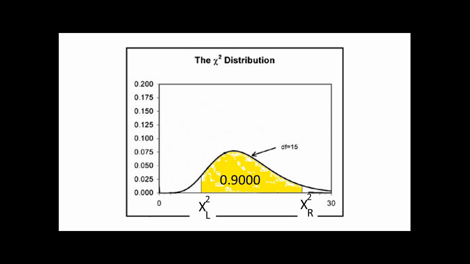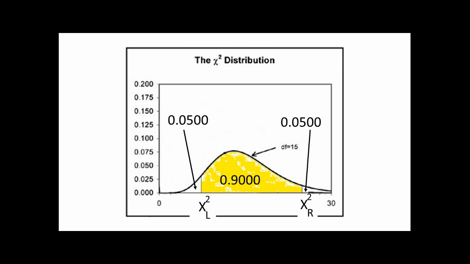In this case, n-1, or 15 degrees of freedom. The whole area under the curve is 1, so the combined area in the tails is 0.1000. The area in each tail is half of that total, or 0.0500.